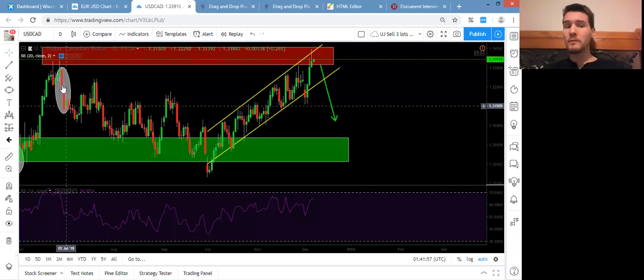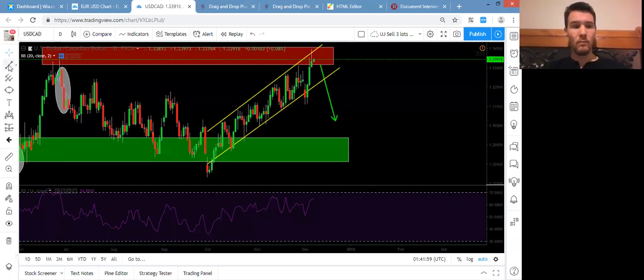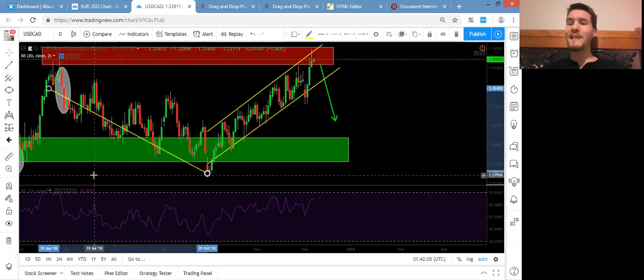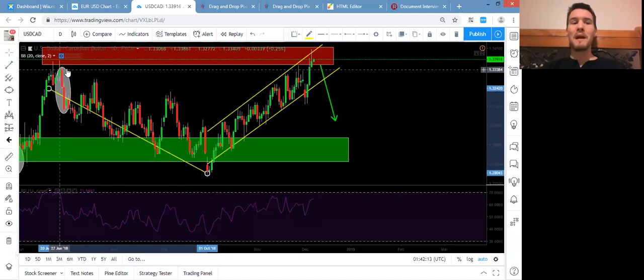So therefore, what happened? Boom. Landslide. All right? Make sense? It's a bearish engulfing. These high volume bearish candles.